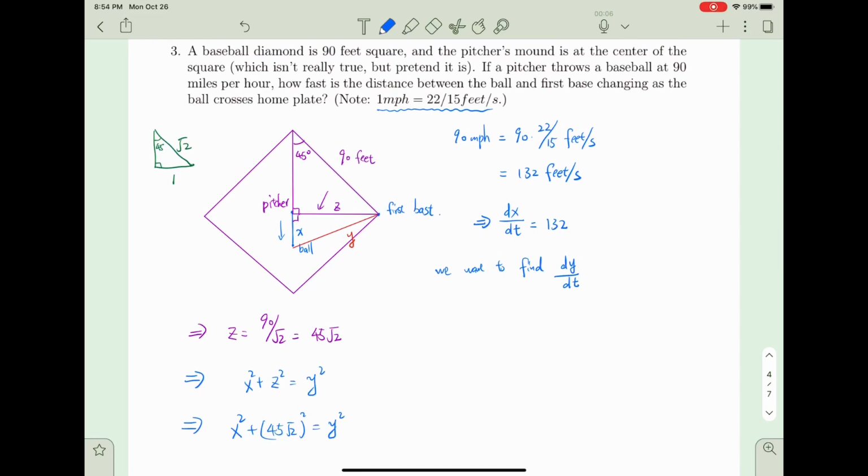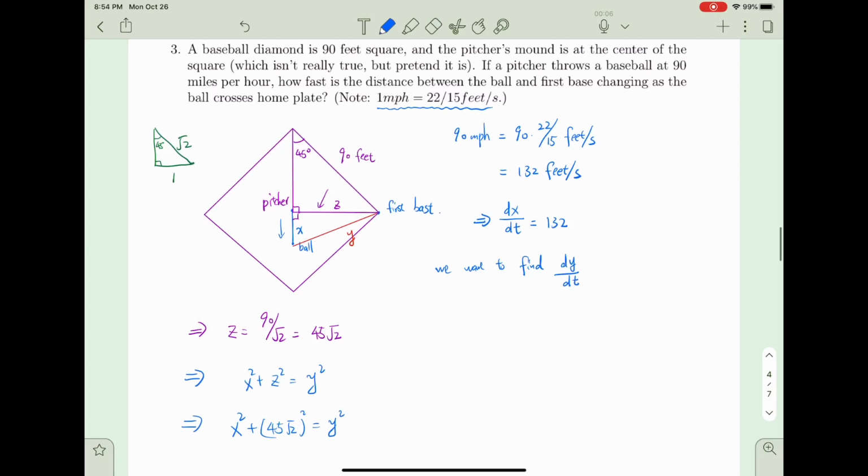So what the question is asking is the rate of change of the length of the hypotenuse, which is dy/dt, when x is equal to 90 divided by square root of 2, because it says that when the ball crosses the home plate.